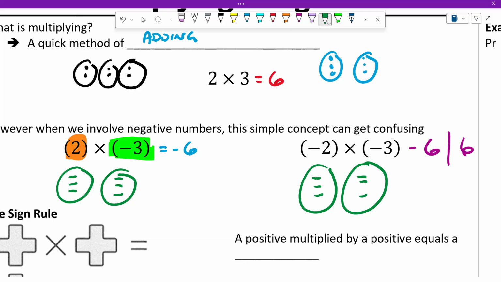It's negative 2 groups, or opposite groups. So we have our 2 groups of 3, but 2 opposite groups. Instead of negative 3, we change those to its opposite version: the plus, the plus, the plus. 2 groups of the opposite. So the answer is not negative 6, but positive 6.